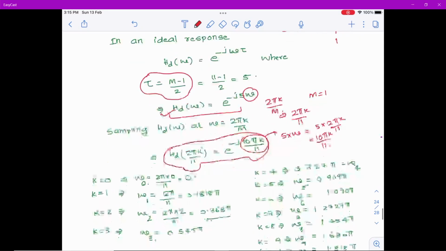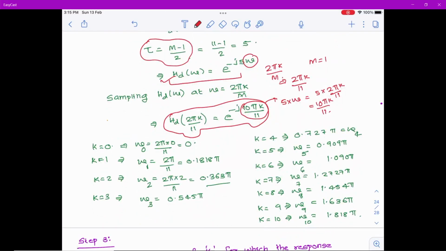Okay. Now, we know the range of k values is 0, 1, up to m minus 1. The value of m is 11, so the range of k values is k equal to 0 up to 10. So when k equal to 0, what is the frequency?